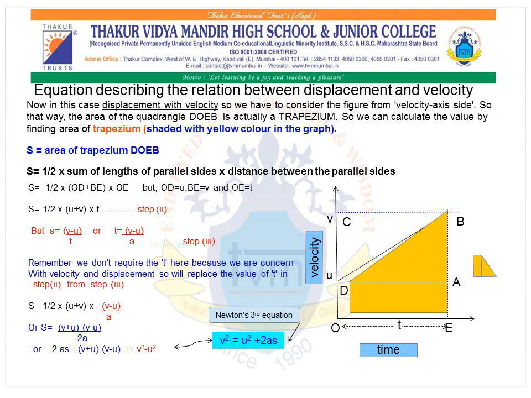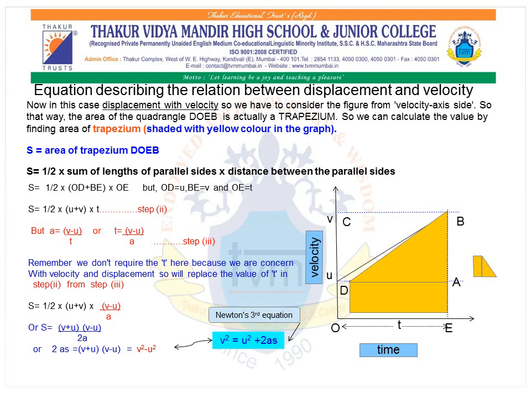So in this way, when you see the figure, the area of the quadrangle DOEB is actually a trapezium. So we can calculate the value by finding the area of the trapezium, which is shaded with yellow color in the graph.